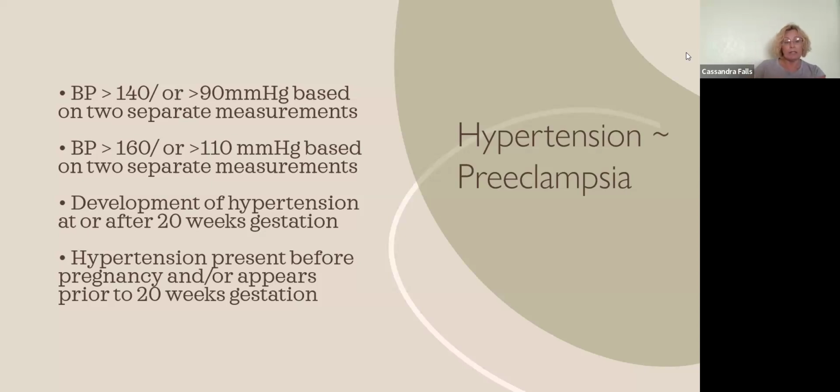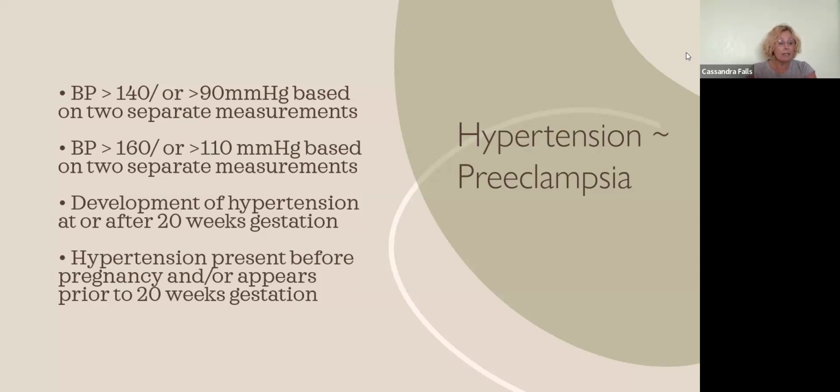HELLP syndrome is associated with preeclampsia. And HELLP syndrome is just an acronym for hemolysis, elevated liver enzymes, and low platelets. Okay, and if you have questions about it, you can break it down, and it tells you exactly what you're going to see in your lab values.